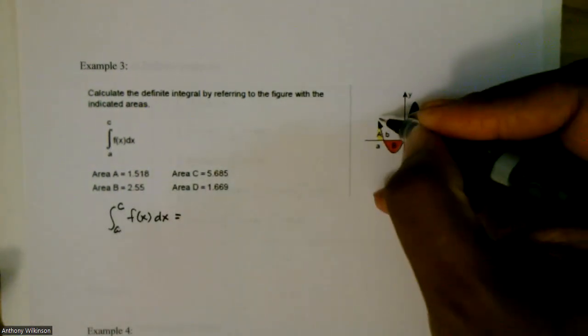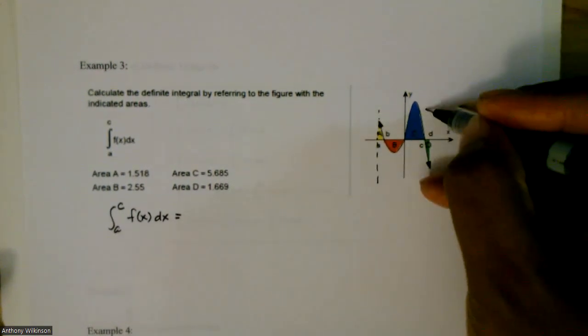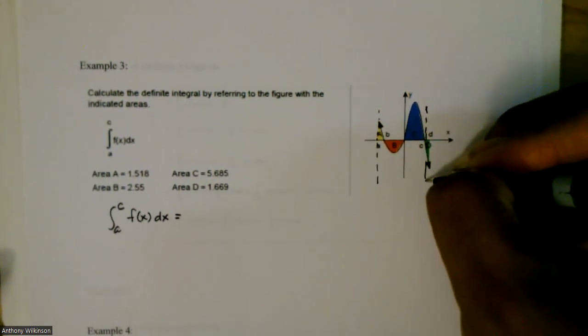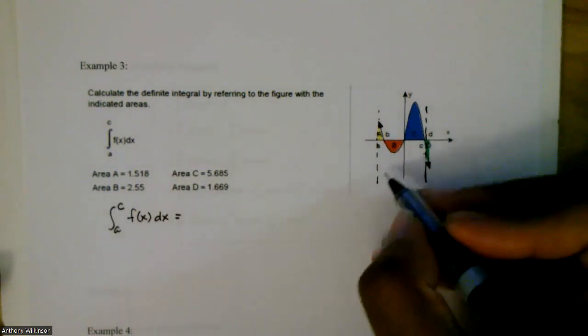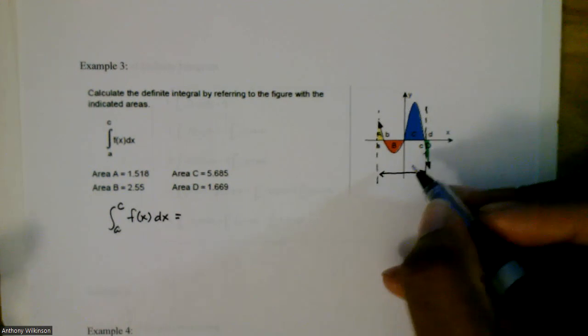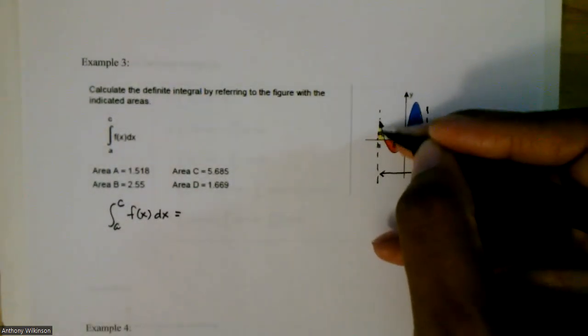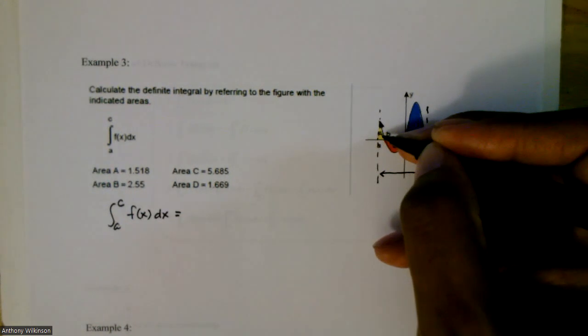So that means here's lowercase a right here, and C is right over here. So it's this distance from a to c. Well, now we've got 3 different areas that we're dealing with here. Starting at a, we have this area above the x-axis.